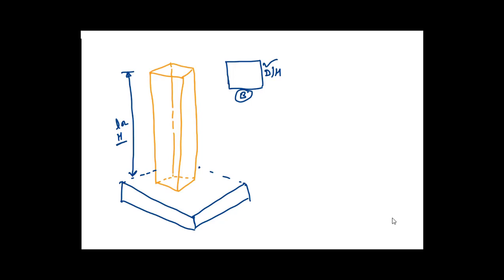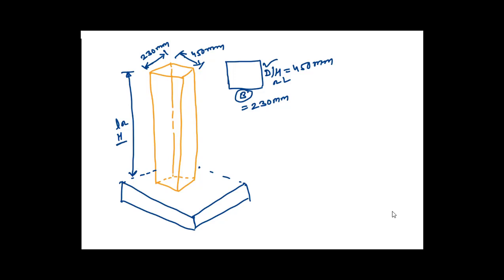For our example, I am considering B as 230 mm and D as 450 mm. If I wish to show these in this 3D view, let us consider this as 450 mm and this one as 230 mm.